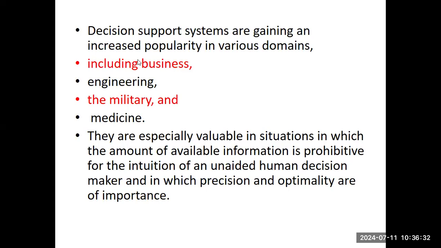That means the decision maker takes a decision without any kind of self bias or something else, because precision and an optimal decision are important. So that's why the decision support system can analyze the vast amount of complex data, and it can help the decision makers to take a very optimum decision, right?